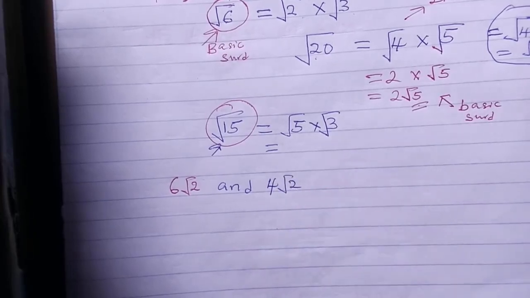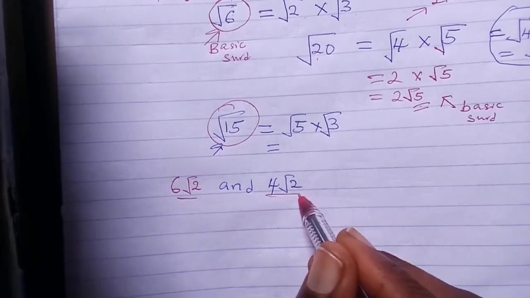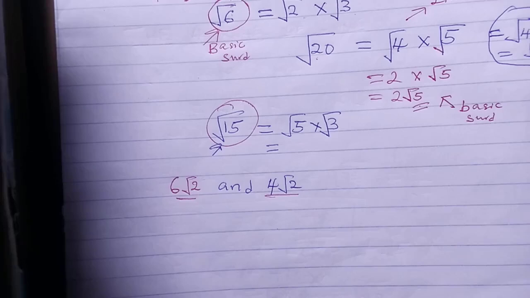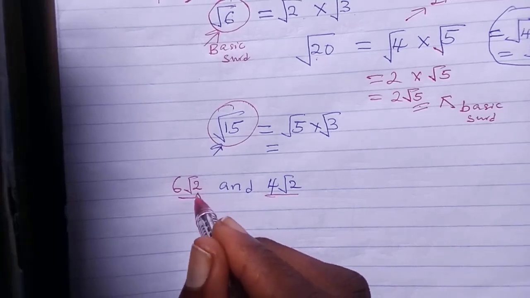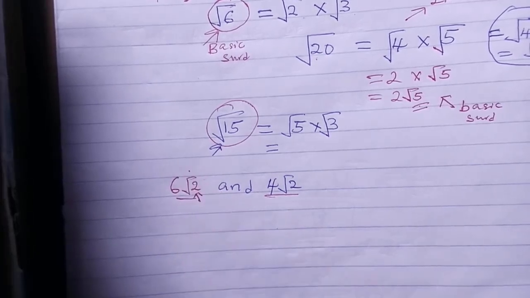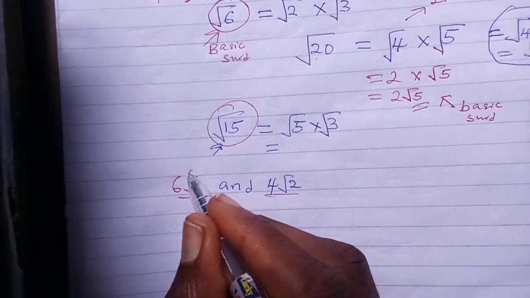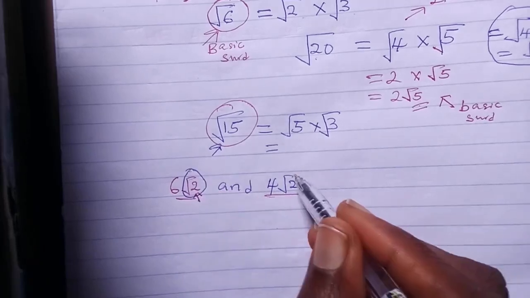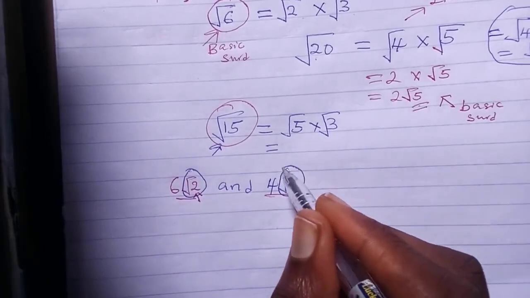Now let's compare these two surds. The irrational part is the root. Root 2 is the irrational part here, and here root 2 is the irrational part.